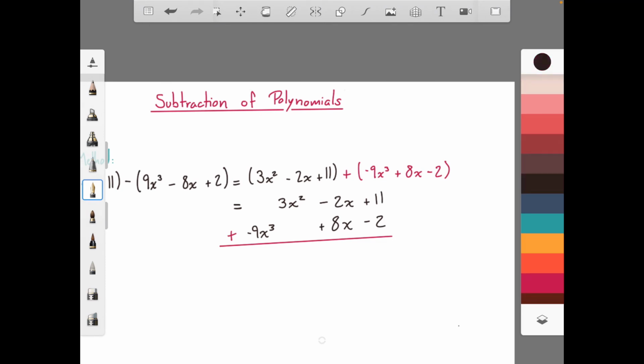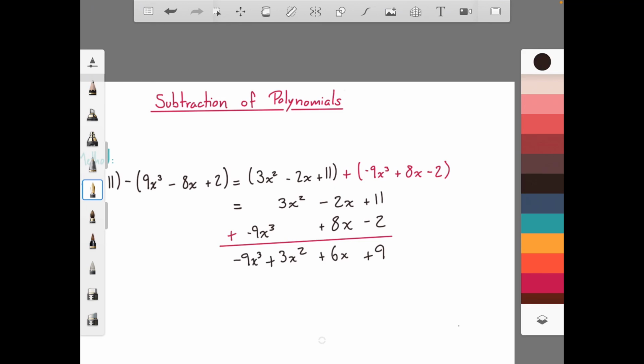Okay, now as we said before, we just have to add. So 11 minus 2 is equal to 9. Negative 2 plus 8 is 6x, and 3x to the second power and negative 9x to the third power.